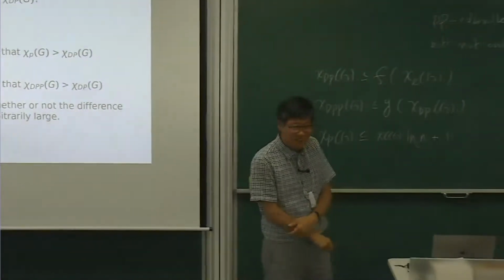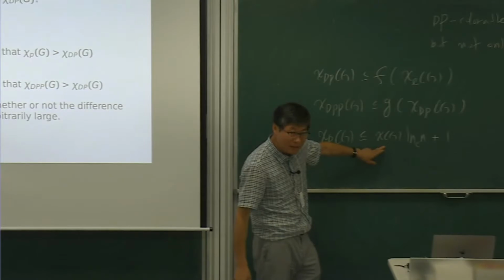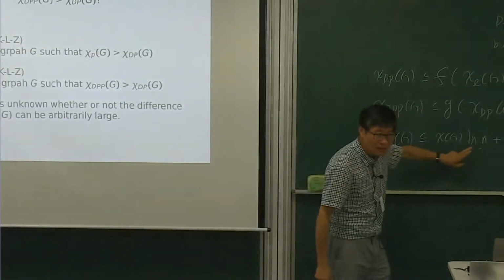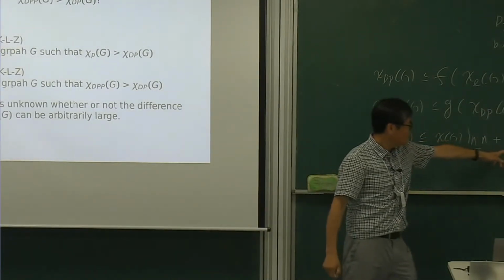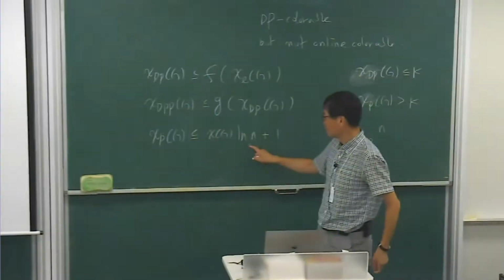So this ln part cannot be a constant. Can you replace this ln n by a constant?